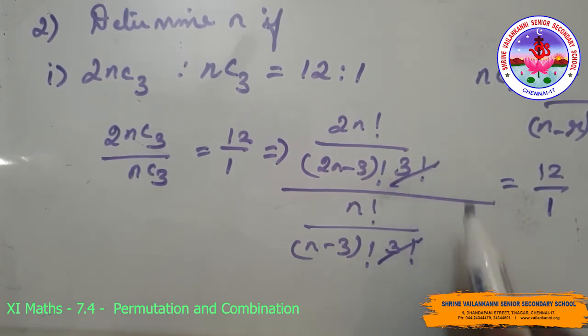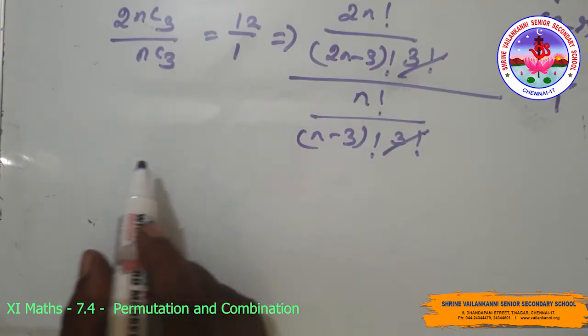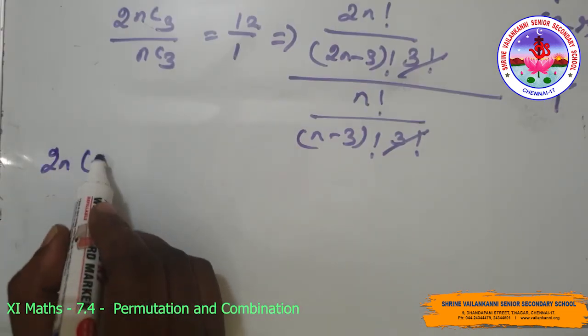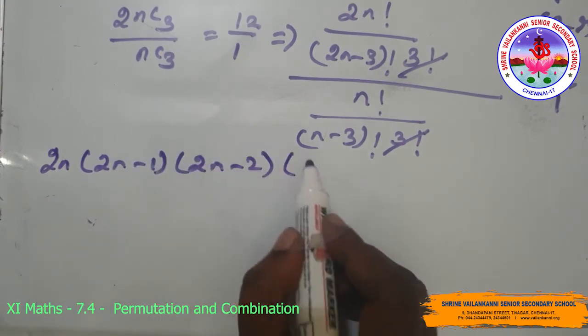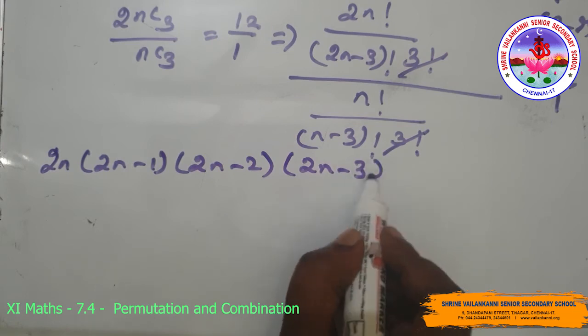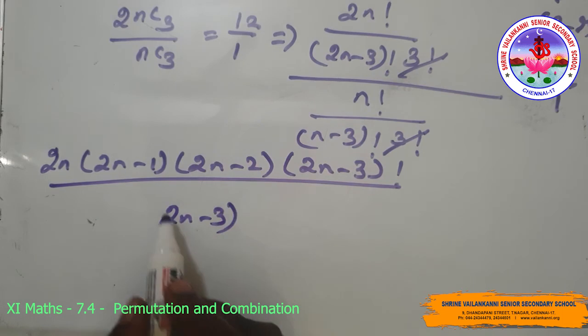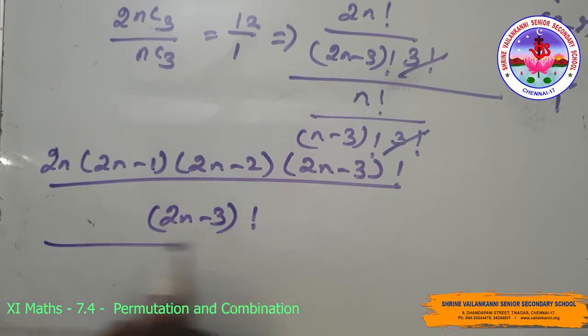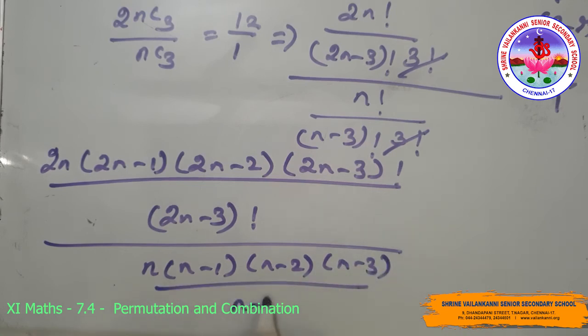So we can cancel 3 factorial. 2n factorial, we can write it as 2n into 2n minus 1 into 2n minus 2 into 2n minus 3 factorial, by 2n minus 3 factorial, by n factorial. We can write it as n into n minus 1 into n minus 2 into n minus 3 factorial by n minus 3 factorial.